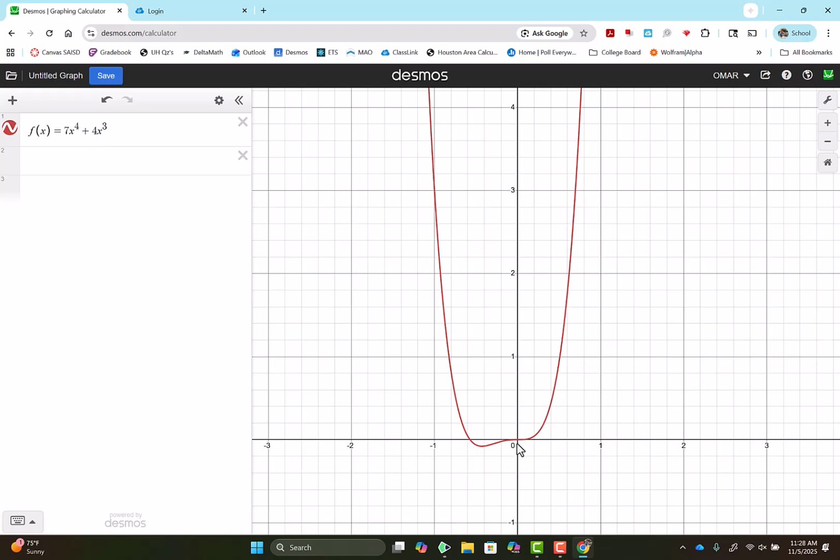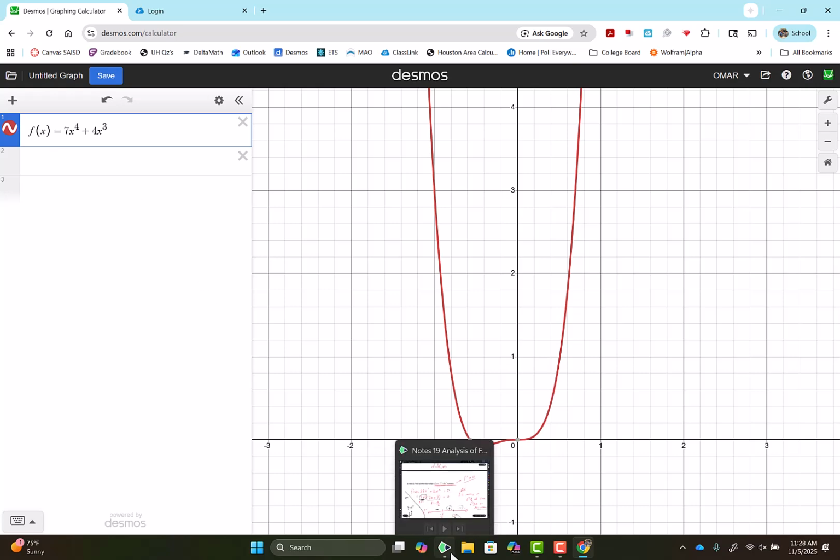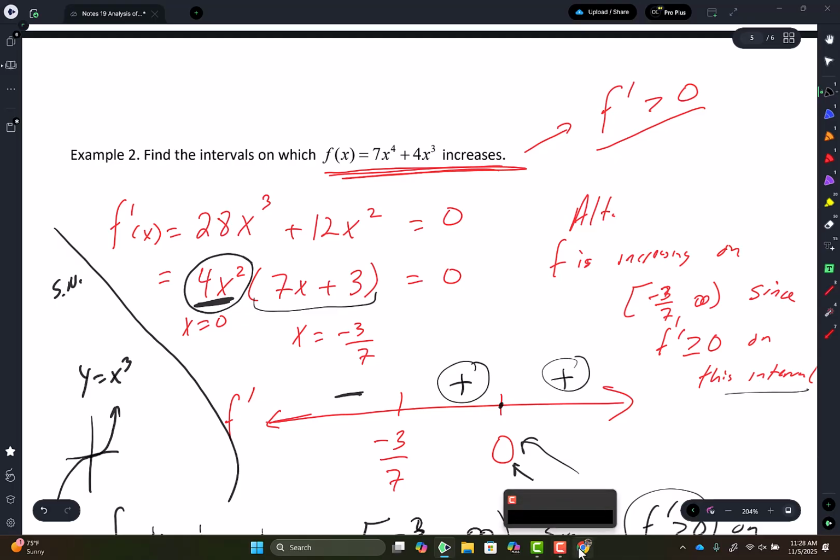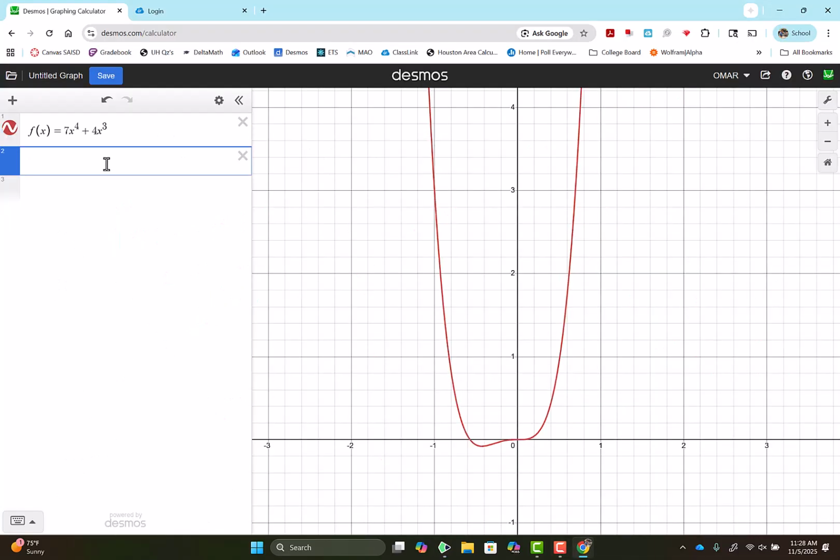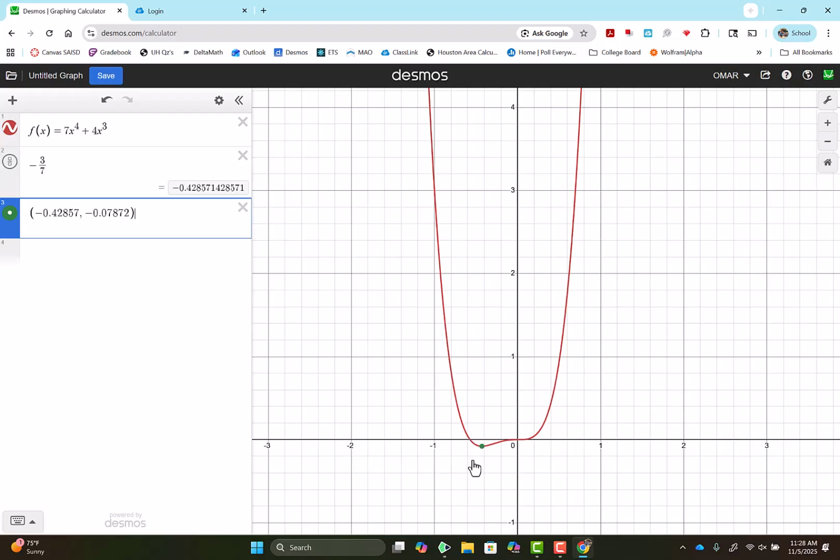Right at 0. See how you start increasing after you pass this point right there? There it is. I bet you that is that number. What was my negative 3/7? So look, negative 3/7. I bet it's that. Negative 3/7. And look at that. So let me push. Look at that. That point is that point. Isn't that cool? Now check it out. Look at this.